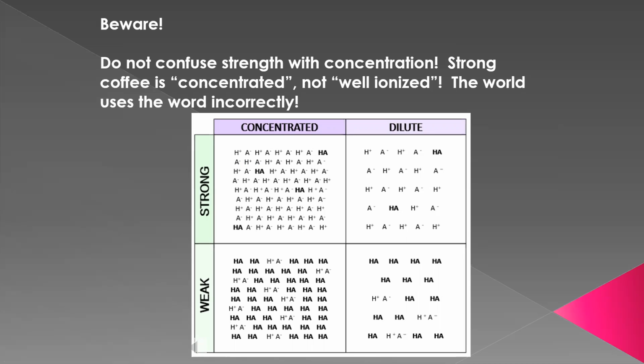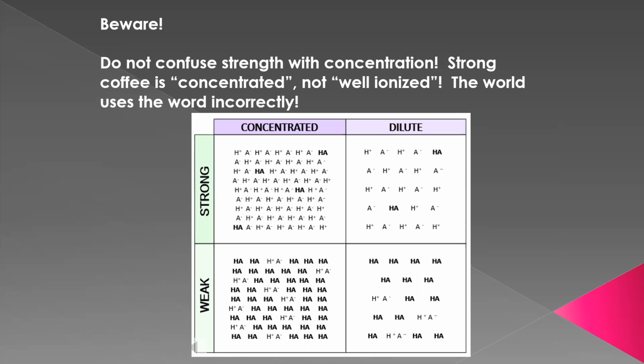Concentrated and dilute is something we discussed in the solutions unit. Generalize for me: look at the column, both top and bottom, that says concentrated, and then the column, top and bottom, that says dilute. What can you generalize about concentrated compared to dilute? Tell me about concentrated.